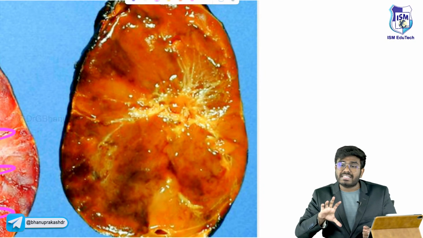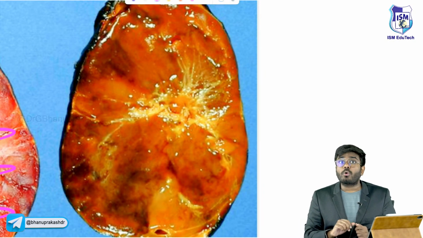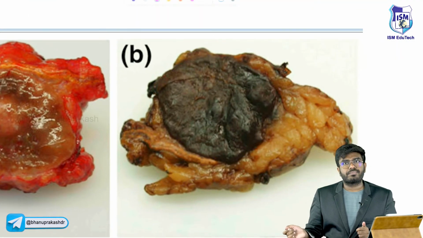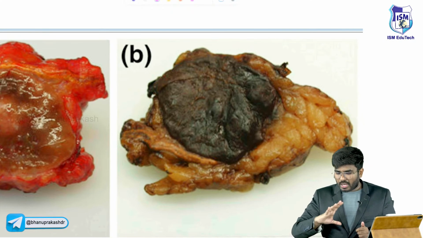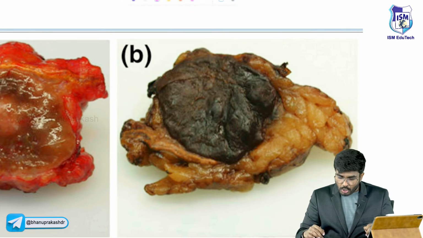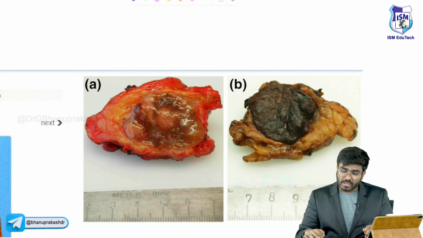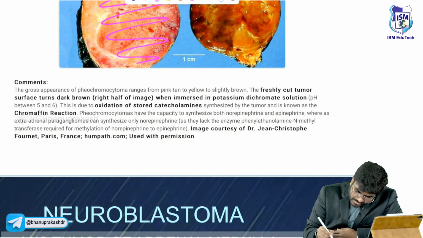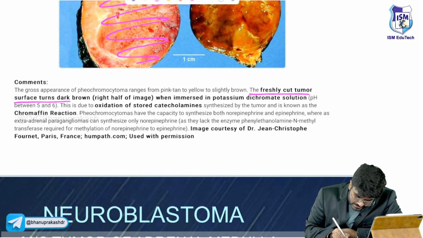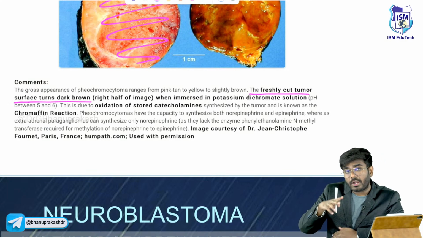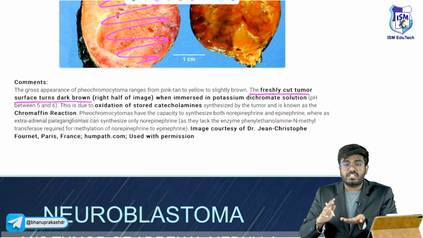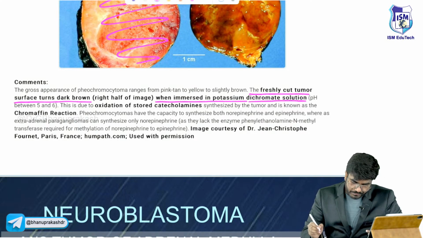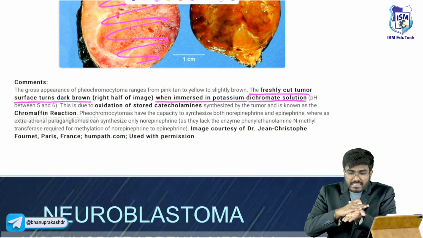Do you know why? This reaction is called the chromaffin reaction. See how it turns brown to almost blackish in color. The explanation: the freshly cut tumor surface turns brown when immersed in potassium dichromate solution, because it is a pheochromocytoma.